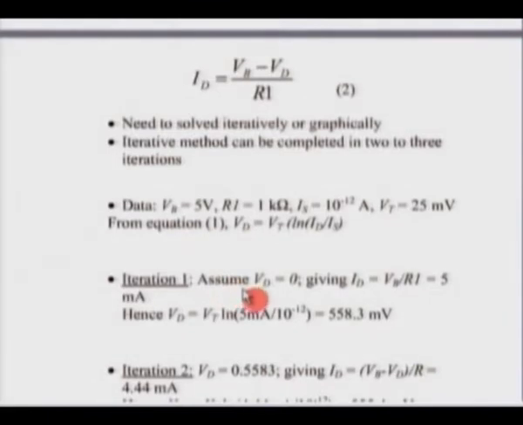Initially you could assume VD to be 0. That would give you the maximum current in the circuit, so ID is VB by R1, which is 5 milliamps.